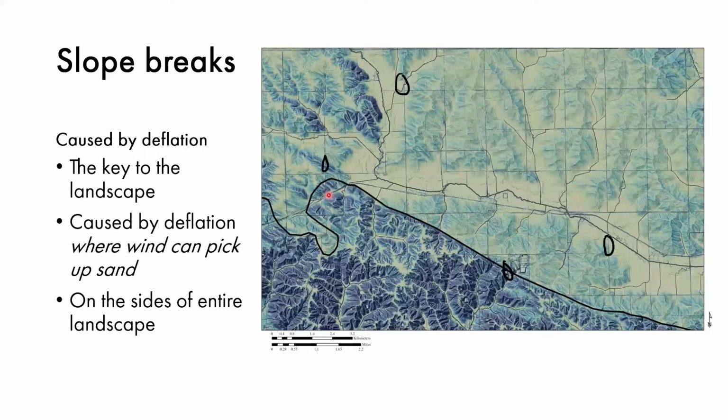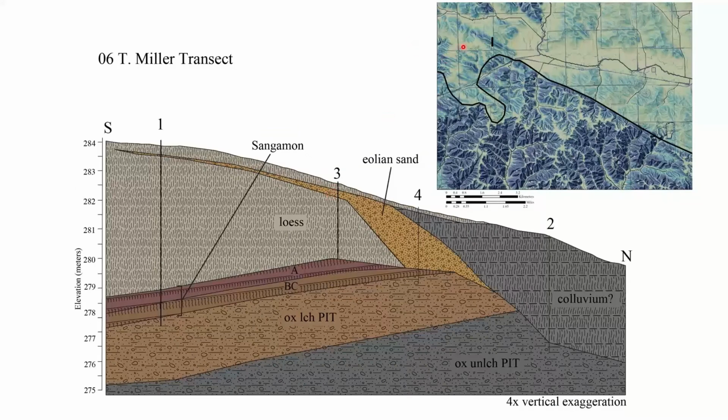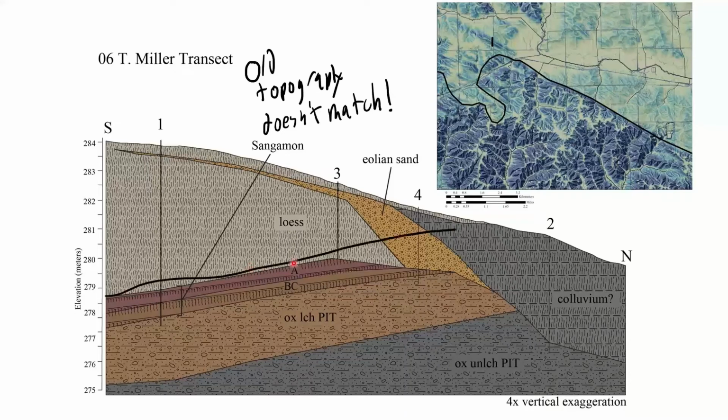And these are areas where I've cored, so I know what's going on here geologically. And this line, super straight, is caused by sandblasting. And this is one of the transects showing that, hey, it actually is sandblasting, because you have the original topography, the Sangamon, the old surface, it comes up and then is cut by sand.